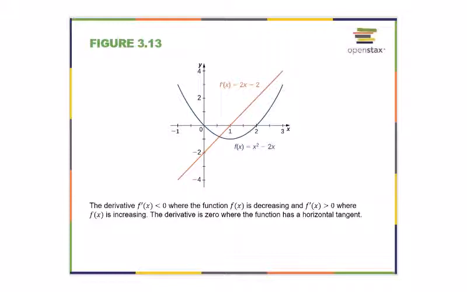We just got this, where we started with the function f of x equals x squared minus 2x. And we found the derivative to be 2x minus 2, right? So our original function was a quadratic, a parabola, and our derivative function is a linear function, okay?